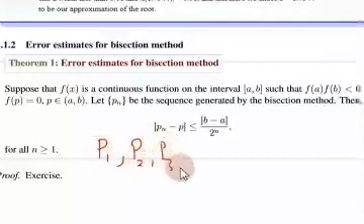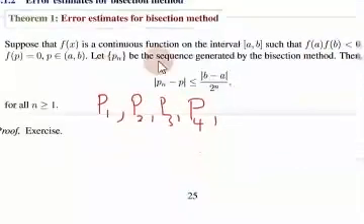Fourth midpoint, fifth midpoint, and you can generate an infinite sequence, the sequence generated by the bisection method.